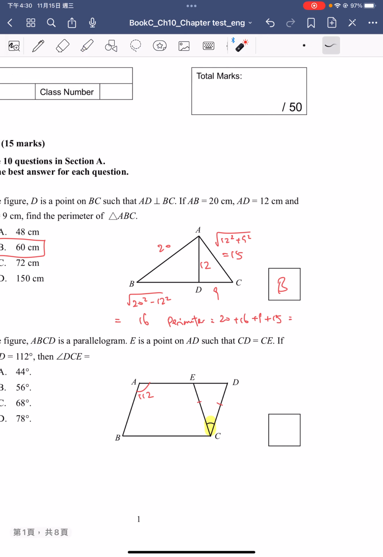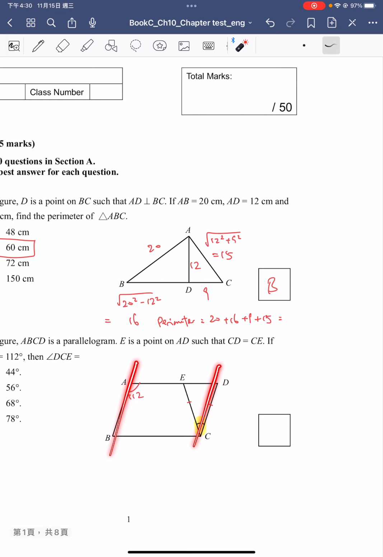Because these two lines are parallel, the interior angles adding up will be equal to 180, isn't it? So these two angles adding up will equal 180, so that we have this angle ADE is equal to 180 minus 112, giving you 68 degrees.